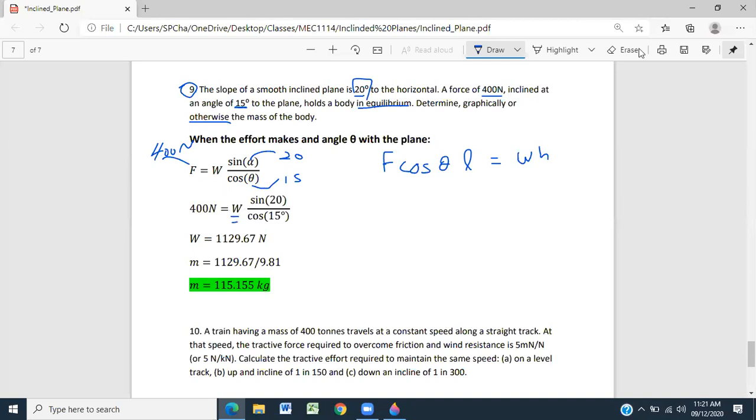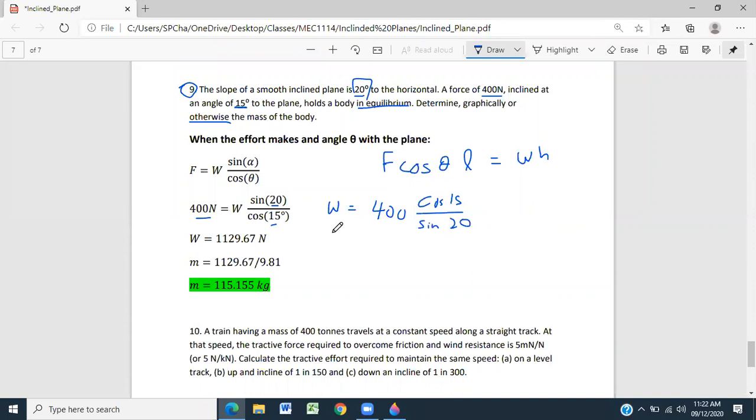So put in the values we have. Here, here, and here. And solving for W, we get W is equal to 400 times cosine of 15 divided by sine of 20.